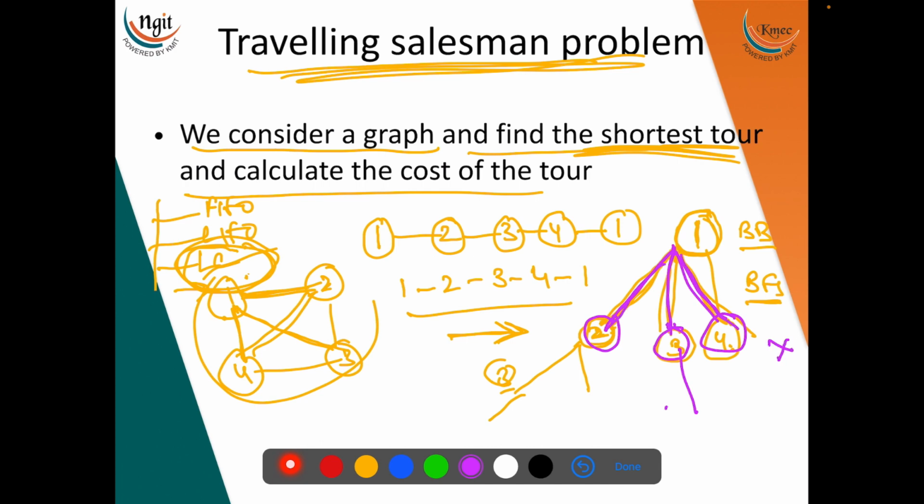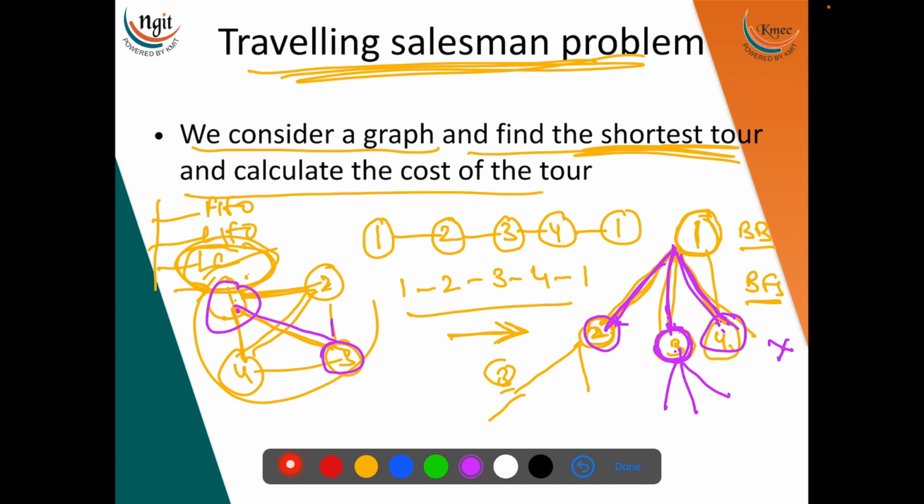I'll stop exploring these 2 nodes and start exploring this node. I have already completed visiting 1 to 3. I told you in the beginning of this video that the traveling salesperson has to visit all the vertices only once, so 1 to 3 has finished its visiting.